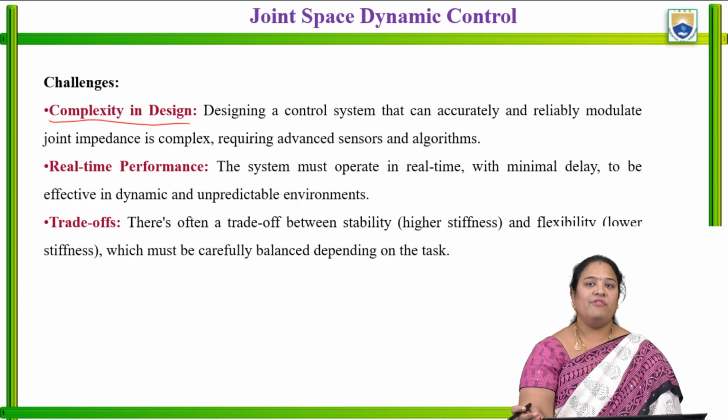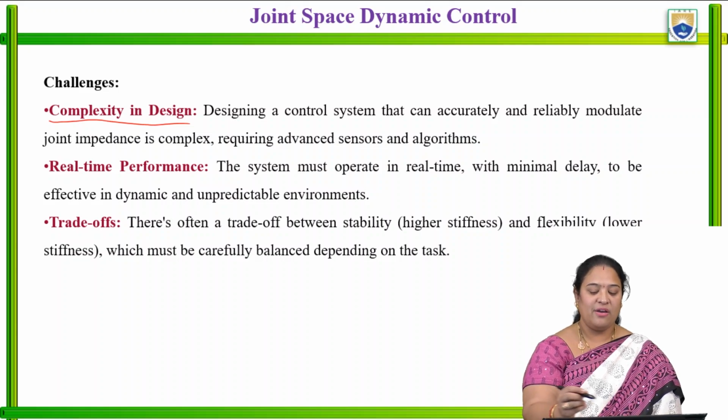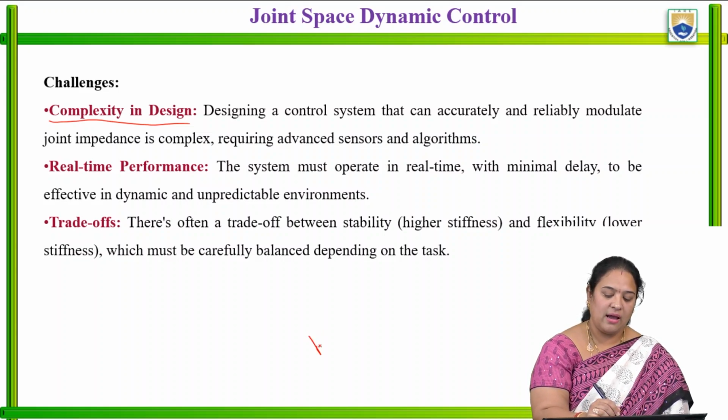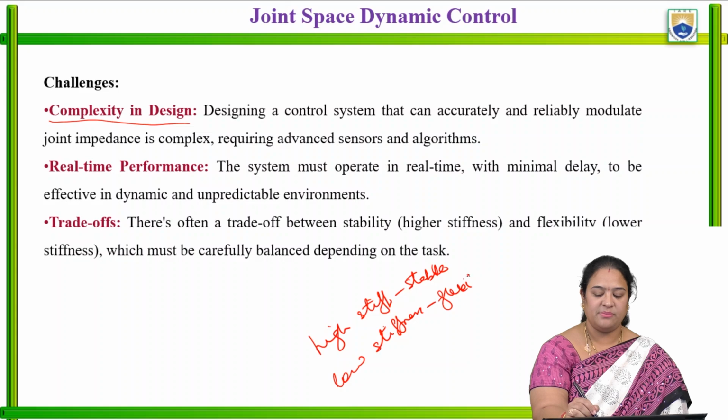Or when we come across stability or flexibility: stability means high stiffness, flexibility means lower stiffness. When any robot is high in its stiffness, then it is known as stable. Or if it is low in stiffness, then it is known as flexible.